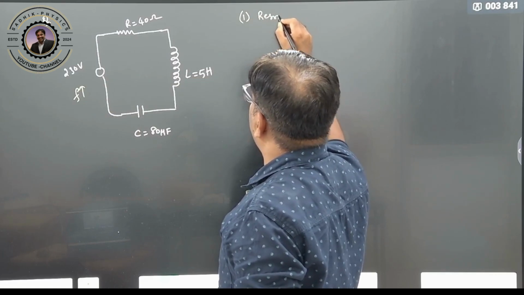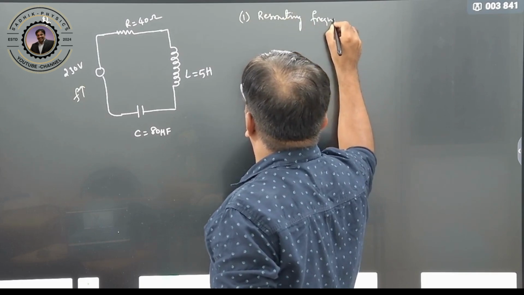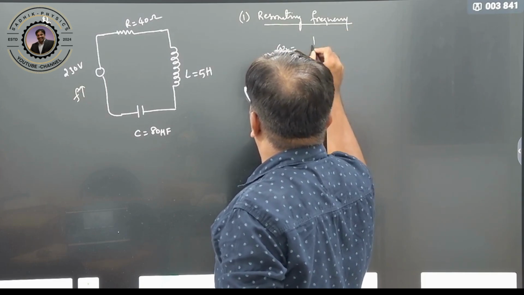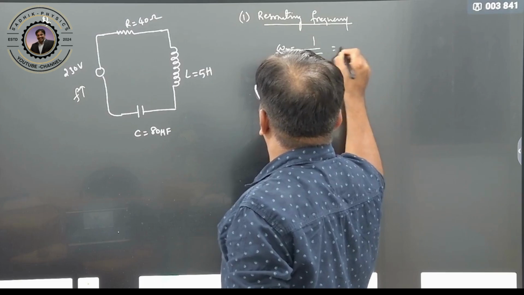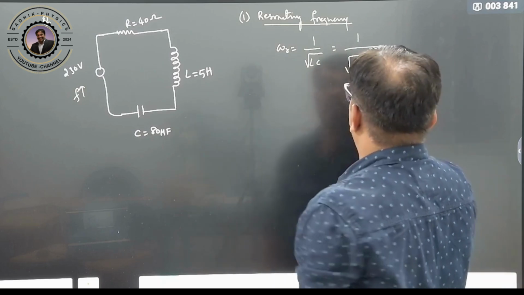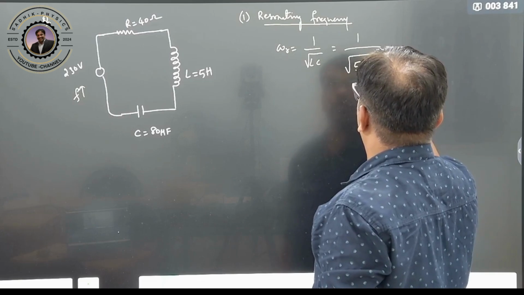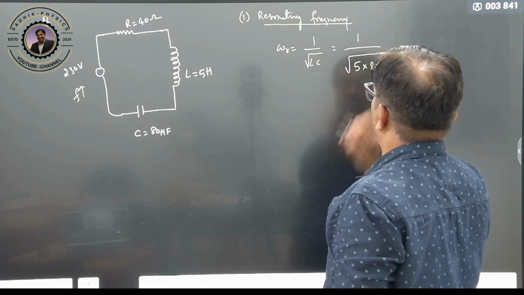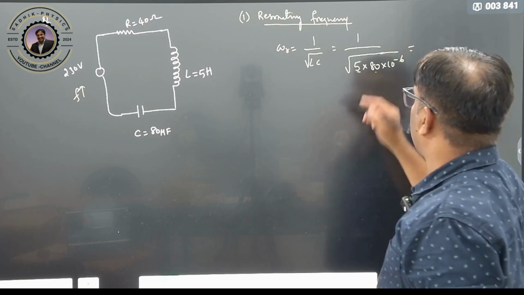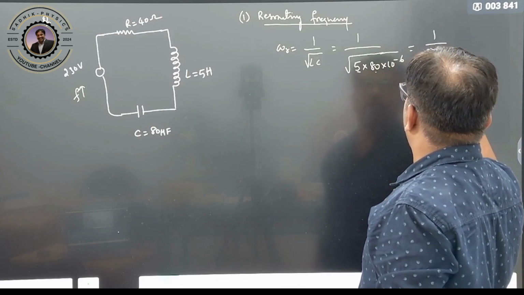What is the resonating frequency? Or we can calculate omega R. What is omega R? It is 1 by square root of LC. How much will we get now? 1 by root of L, which is 5, and C, which is 80 into 10 to the power of minus 6. So 8 times 5 is 40, 40 is 400, so 1 by root of 4 into 10 to the power of minus 4.